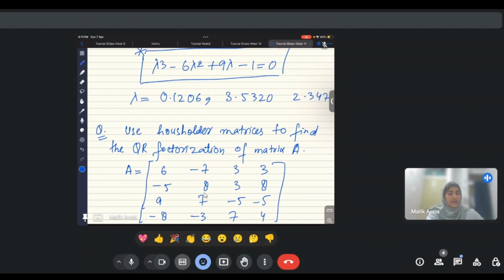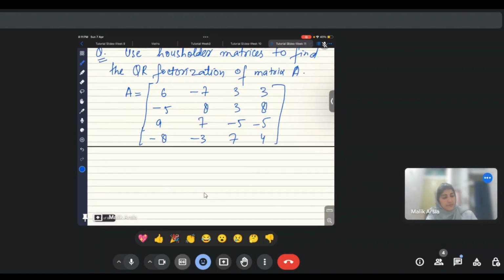We know that any matrix A can be written as QR, where Q is an orthogonal matrix and R is an upper triangular matrix.